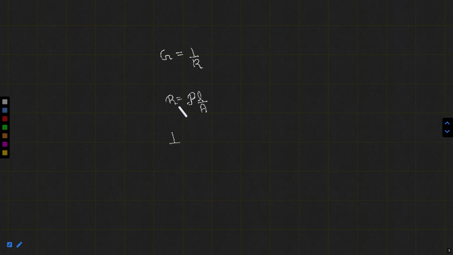If you take the inverse of this, it will be 1 by R equals 1 by rho, A by L. Of course, it will be capital A by L. So 1 by R is this conductance and 1 by rho is termed as specific conductance or conductivity, which was represented by kappa. Then it is multiplied by, now representing it with the A, small a, yes.